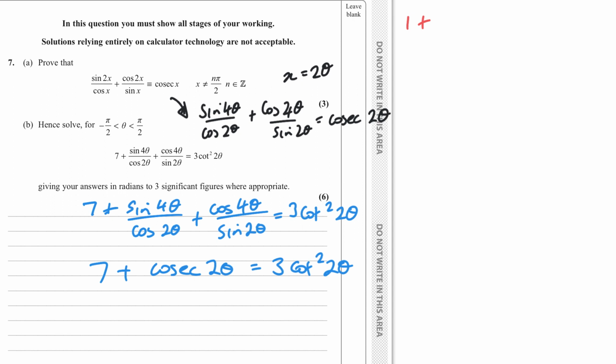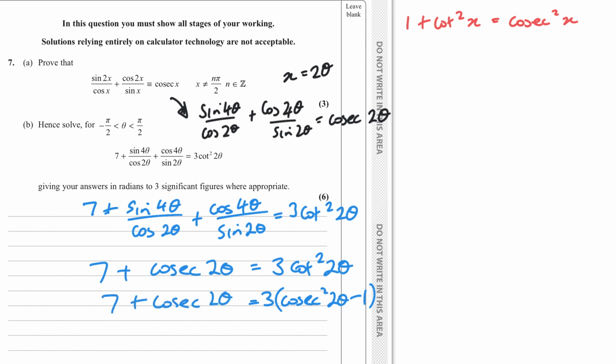We know that 1 plus cot squared x equals cosec squared x. So I know that cot squared can be replaced with cosec squared minus 1, and that is what I'm going to do. So 3 lots of cosec squared 2 theta minus 1. And then I've got the 7 plus cosec 2 theta.